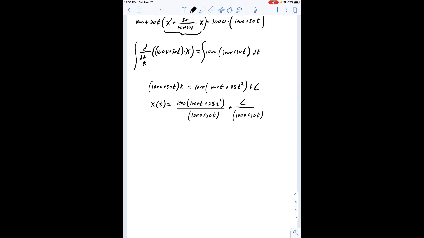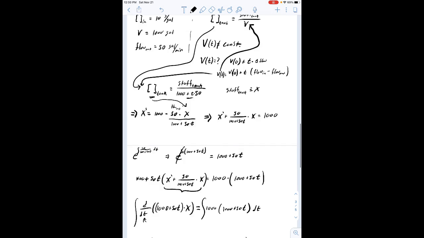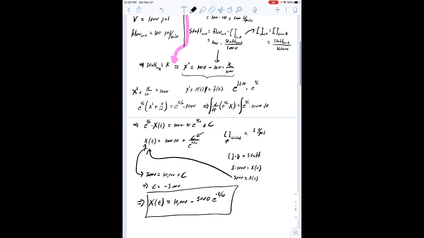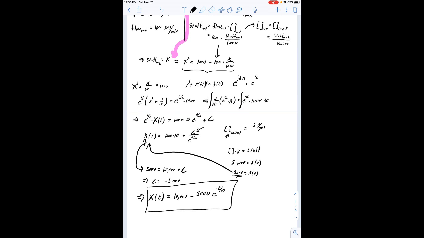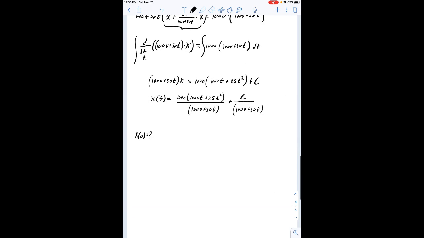If we want the specific form, again, we say, what is my x at 0 equal to? My x at 0 is going to be equal to, what was it up here? I'll just reuse it. It was equal to 5,000. So we say it equals 5,000.